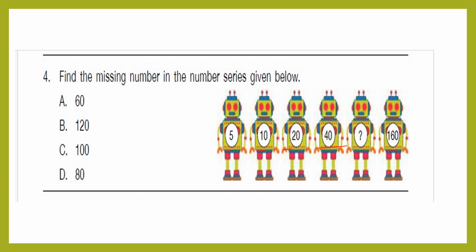That means 10 is double of 5, that is 5 multiplied by 2 is 10. Then 20 is double of 10. Then 40 is double of 20. So the next number will be double of 40. Double of 40 is 80. That means the question mark will give us 80. Double of 80 is 160. That means our answer is correct. So our answer is option D, 80.